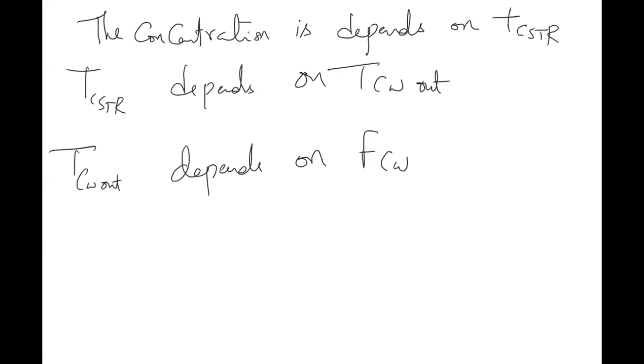So the primary control variable is the concentration of the CSTR.